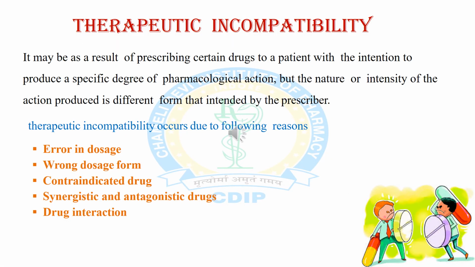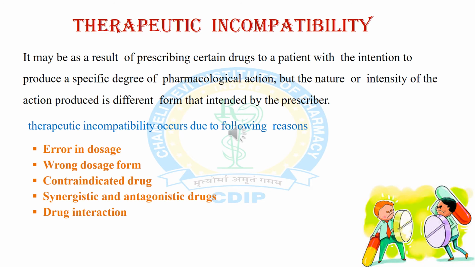Now after chemical incompatibility, the third incompatibility is therapeutic incompatibility. Therapeutic incompatibility may be defined as the result of prescribing certain drugs to a patient with the intention to produce a specific degree of pharmacological action, but the nature or intensity of the action produced is different from that intended by the prescriber.